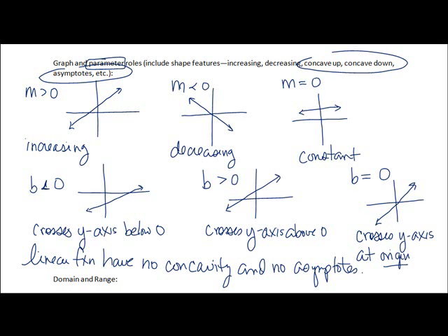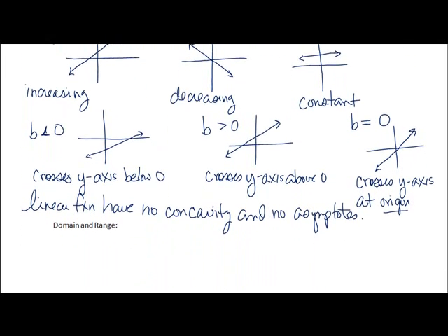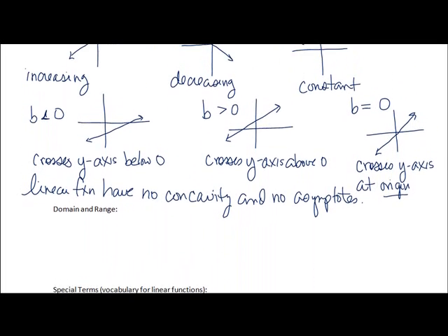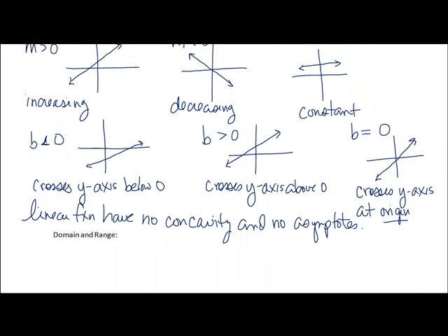All right, and then thinking about domain and range. You can actually look at the sketches you've drawn above to help you think about domain and range. Domain for any linear function is all real numbers, always and forever.